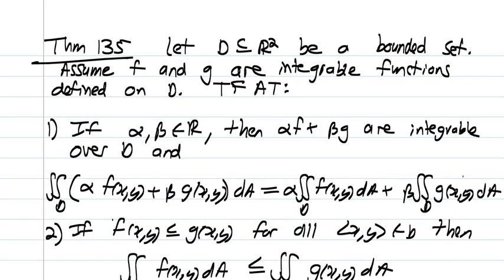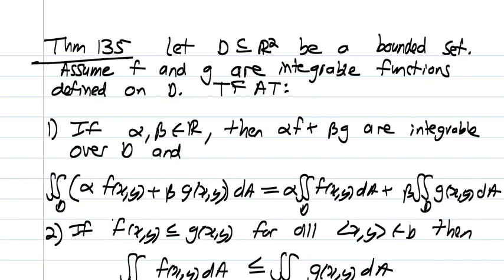Now, as in chapter 5.1, we have very similar results for not just rectangles, but for arbitrary regions D. So this is theorem 135, which is very similar to the previous theorem, and it goes as follows. Let D, a subset of R2, be a bounded set. Assume f and g are integrable functions defined on D. Then the following are true. So this is my shorthand for saying the following are true.